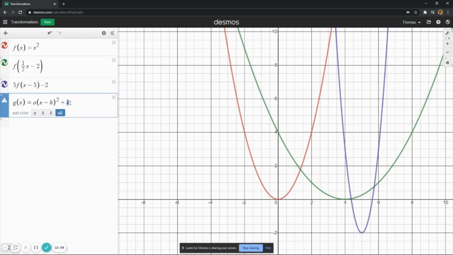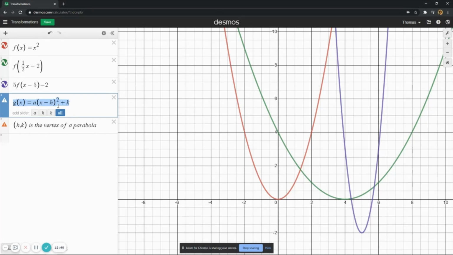And similarly, k is going to be the y value of the vertex. So on the purple parabola, when I subtracted 2, I just brought the vertex down to 2. So it makes sense then that h comma k is the vertex of a parabola if you are looking at this kind of equation, which is known as the vertex form of a quadratic.